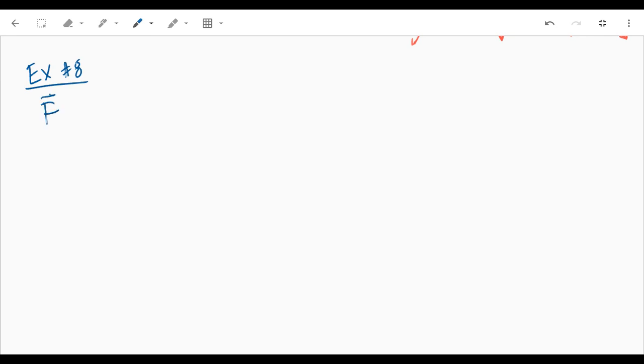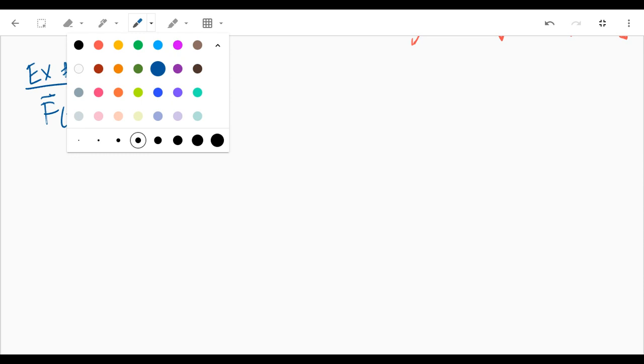This one is just your vector field is negative y in the k direction. Okay. Now what that means is whatever point you're at, you move down because that's a k, right? Whatever your y coordinate is. Okay. So let's give this a shot.